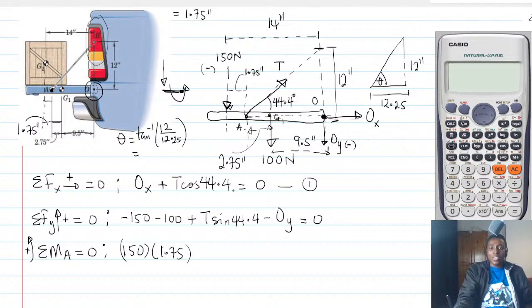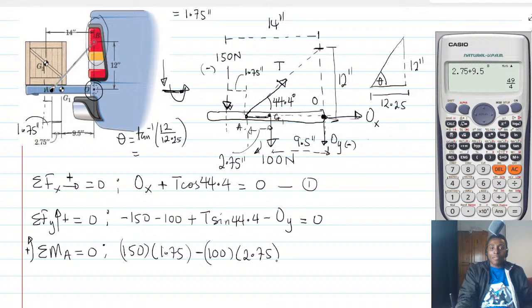So let's look at the 100 Newton. That one is 2.75, we know. And looking at the direction, you can see that it's going to be clockwise. So minus 100 multiplied by what?